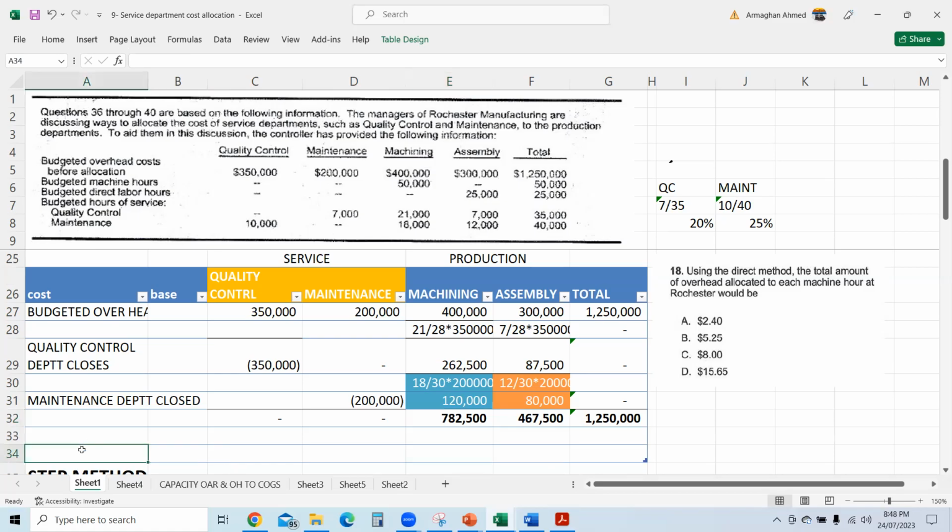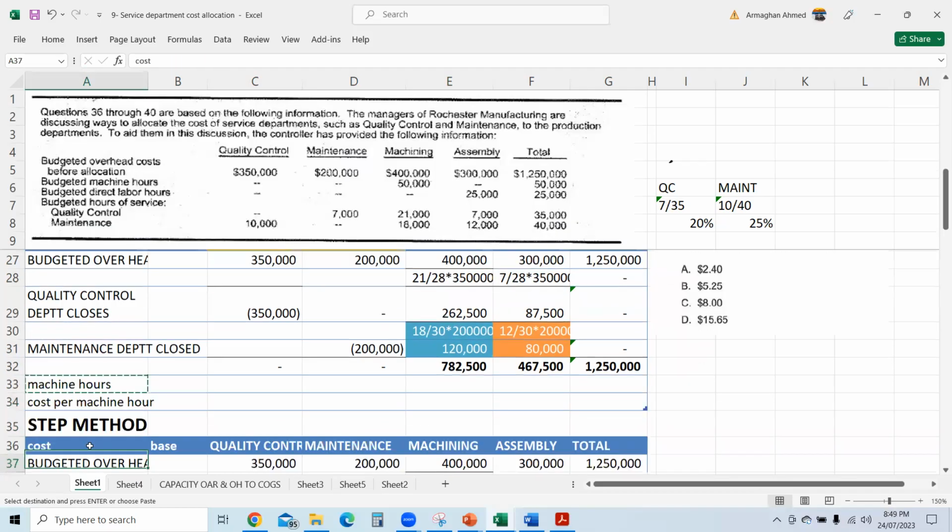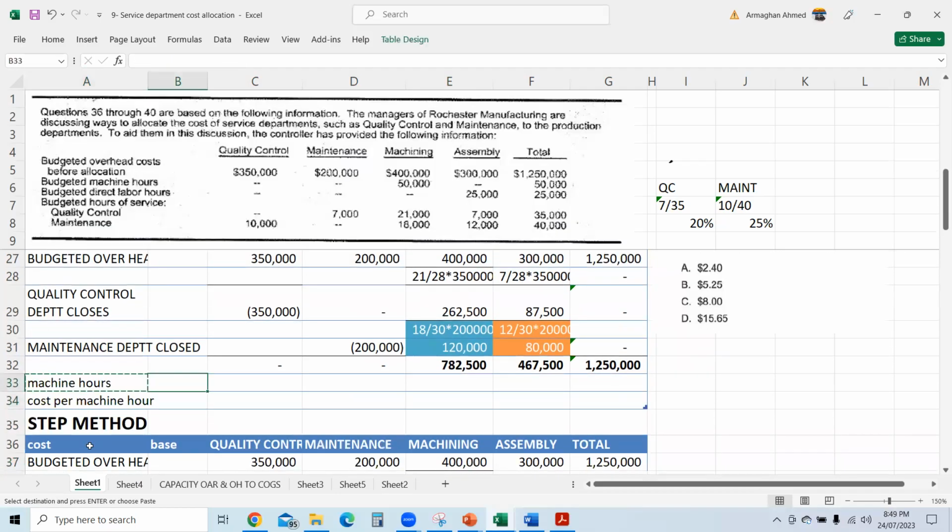If I say cost per machine hour, how will we calculate how much the cost is? Machine hours 50,000. Okay, leave it. 50,000.